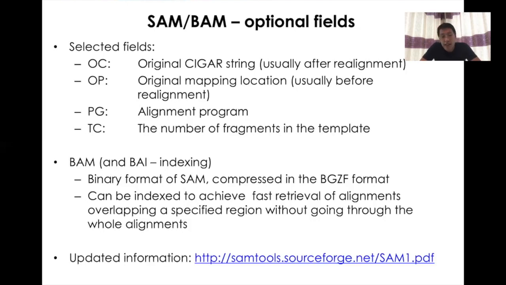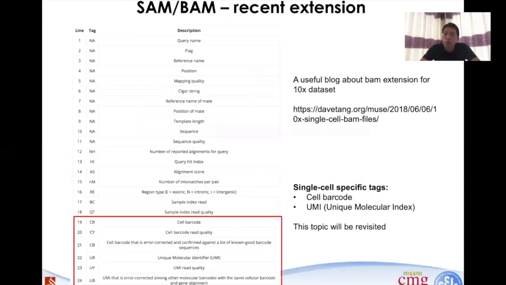And as I mentioned earlier, these files are being updated very frequently because of the evolution of next generation sequencing technology. So the most updated information can be found on this particular website. A little bit more I want to talk about is that there are a lot of recent extensions to the BAM file because of single cell technology.